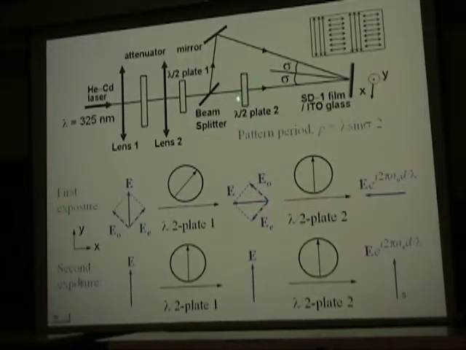And the second half-wave plate simply adds a phase to the first split beam equal to this exponent, where n_o is the ordinary refractive index of the wave plate, d is the thickness, and lambda is the laser wavelength. The significance of this phase will become apparent later.